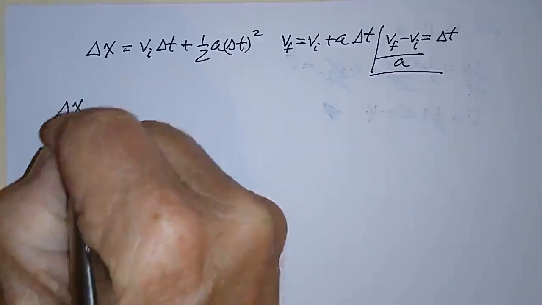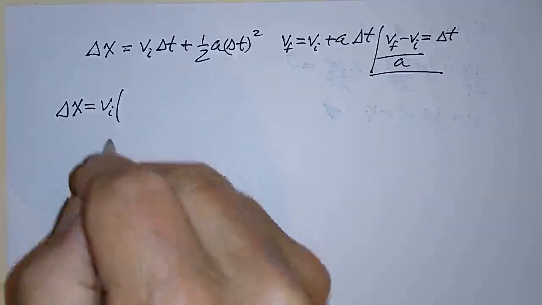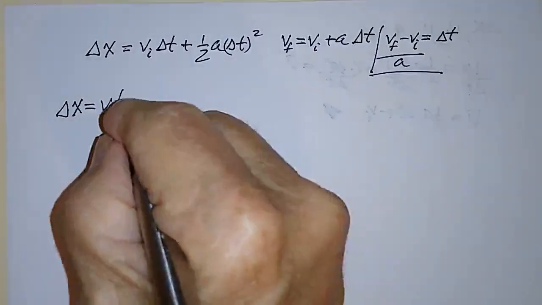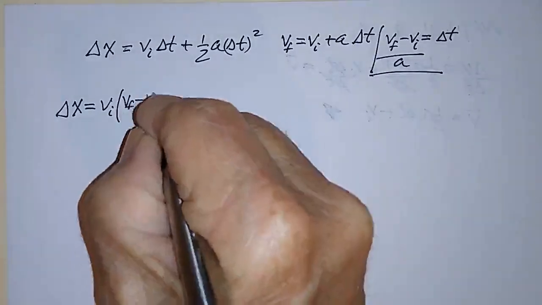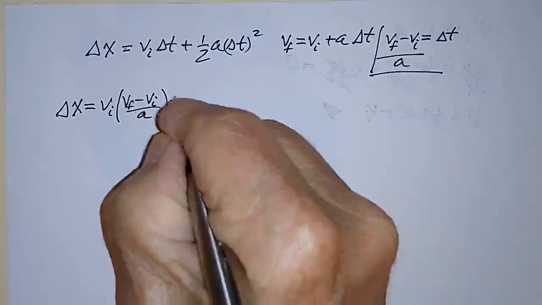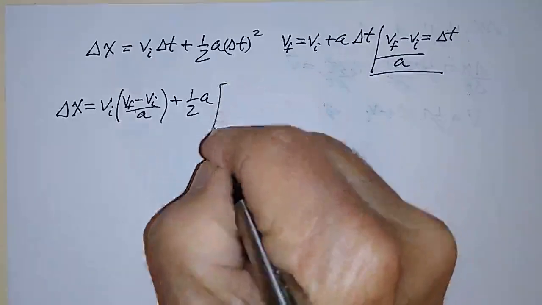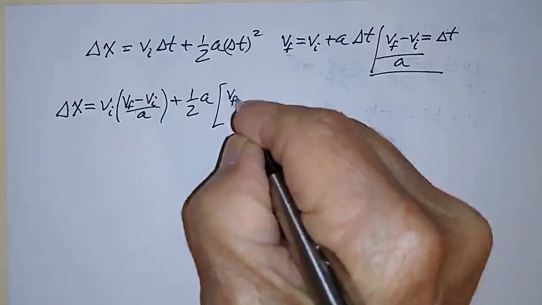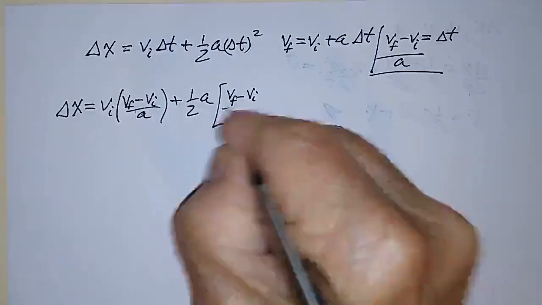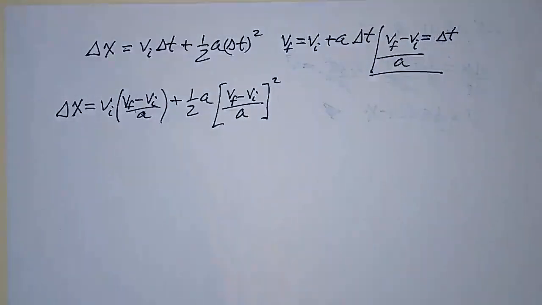Then I have that delta x is equal to v initial times delta t, which is v final minus v initial over a, plus 1/2 a times v final minus v initial over a squared.